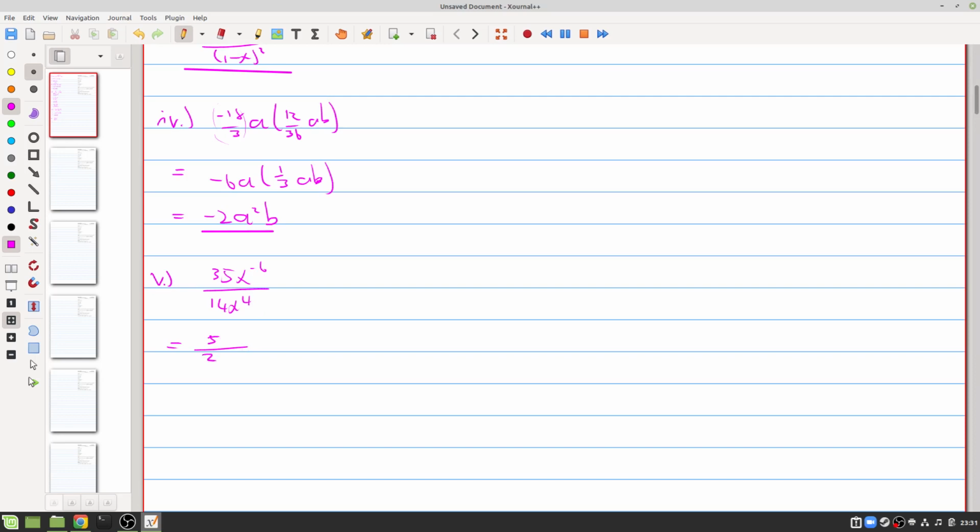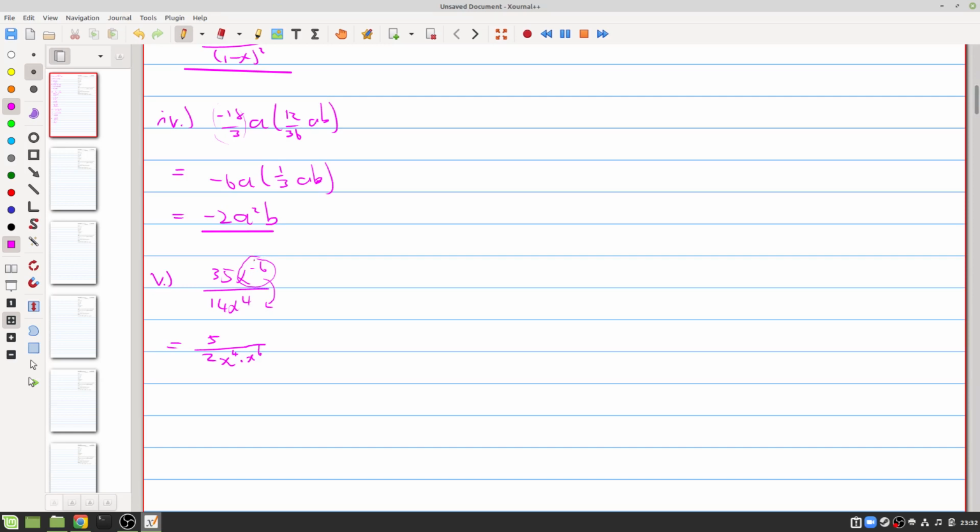And then the x's. We don't want negative exponents, so let's take them to the bottom. So at the bottom we've got x to the power 4. And you don't need to do this extra step that I'm doing now, it's just to show how it works. So in this one, to make this exponent positive, we can take that to the other side of the line, and then that becomes x to the power positive 6.